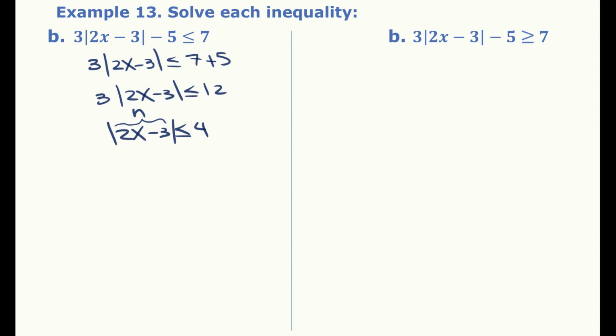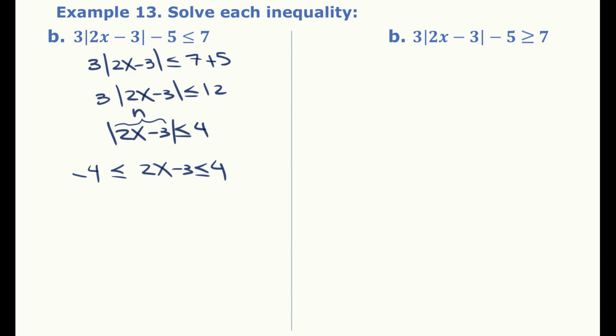So here we're just going to interpret this and rewrite it as -4 less than or equal to 2x minus 3 less than or equal to 4. Because those are the numbers n whose distance from 0 is less than or equal to 4. Except we replace n with what? With 2x minus 3. All right, so now this is a 3-part inequality.